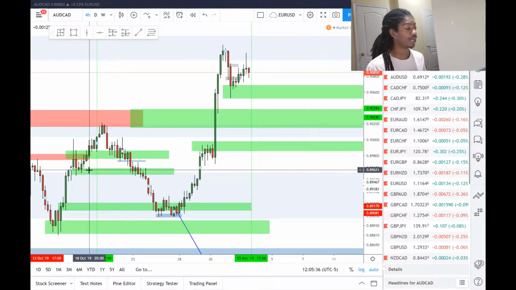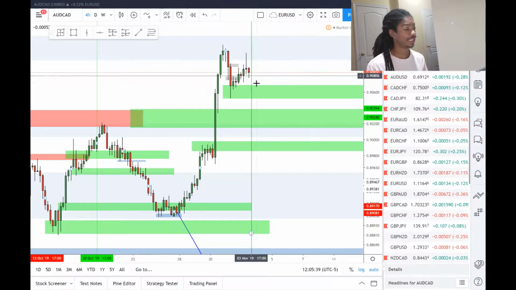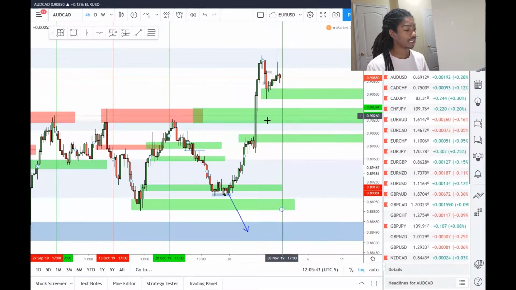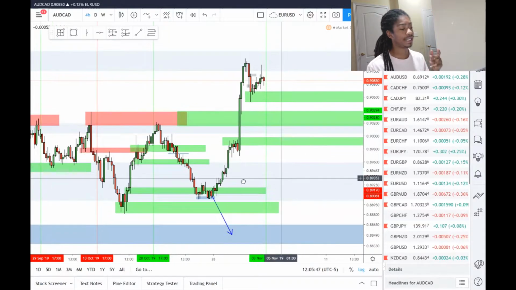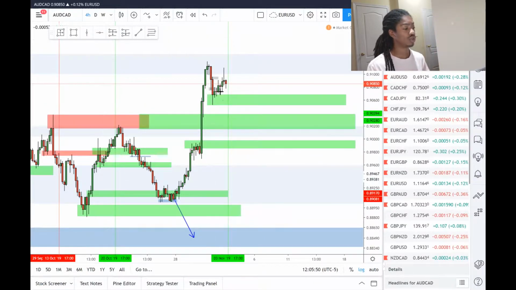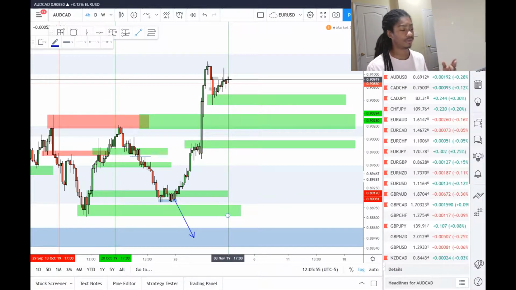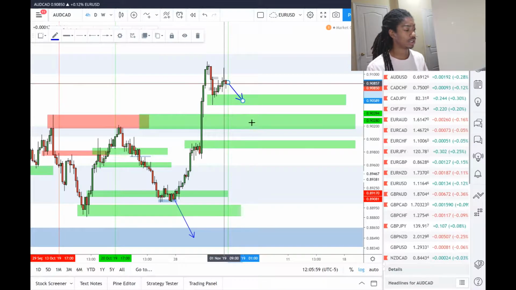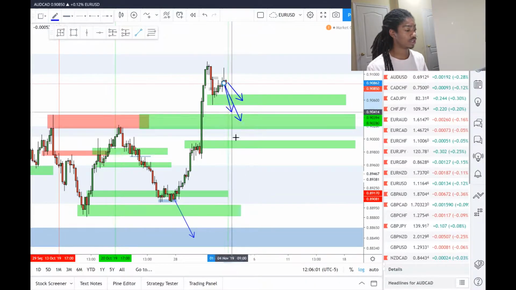So let's jump right into it, starting off with the Australian CAD. I have these green rectangles here just to indicate where I'll be looking to buy for next week. Realistically, I'm expecting a pullback at least to enter the market. First and foremost, I need a pullback either to this zone down here, or to this zone.